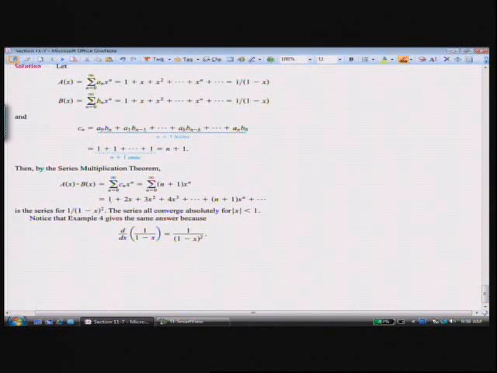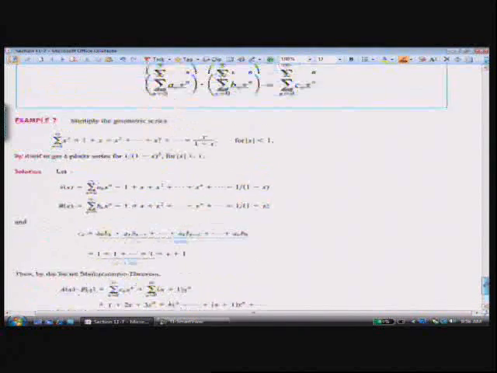And so then you could write that as 1 + 2x + 3x squared + 4x cubed. That would be the series for 1 over (1 minus x) squared, and it converges absolutely as long as the absolute value of x is less than 1. Okay. All right.